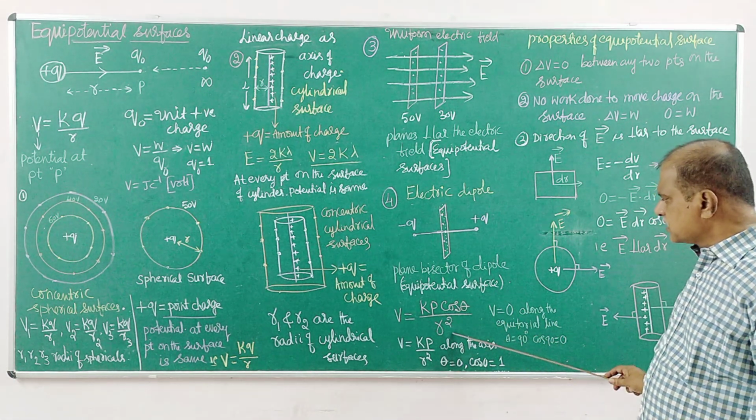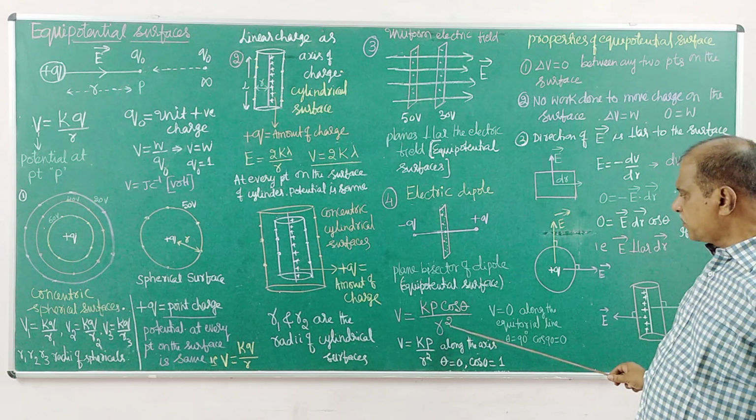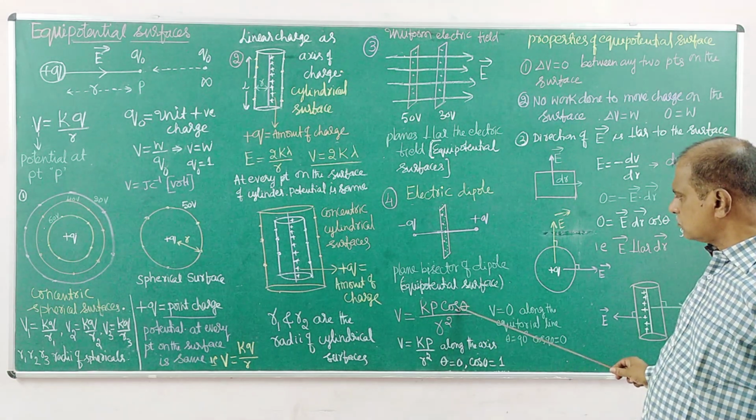Kp cos theta by r square was derived in some previous class. Just recall it.